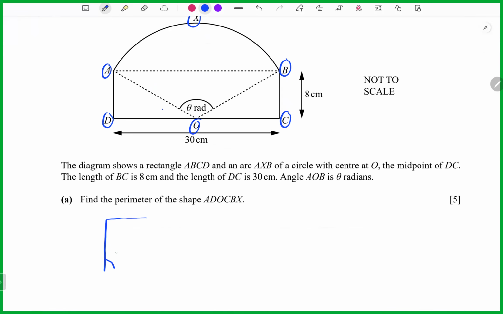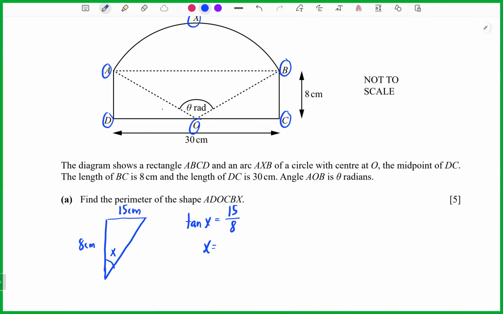Here I put the angle x. Here is 8 cm, here is 15 cm. So we can find the angle: tangent x will equal, this is the opposite, this is the adjacent, so tangent x is 15 over 8.